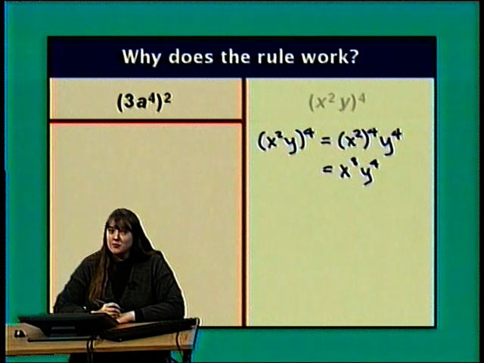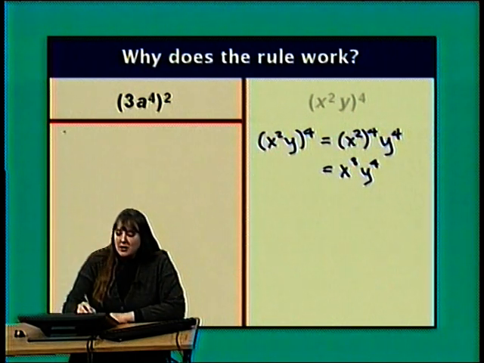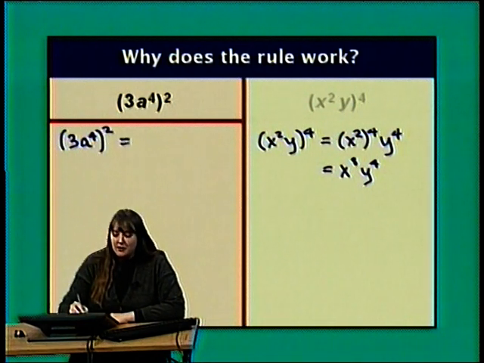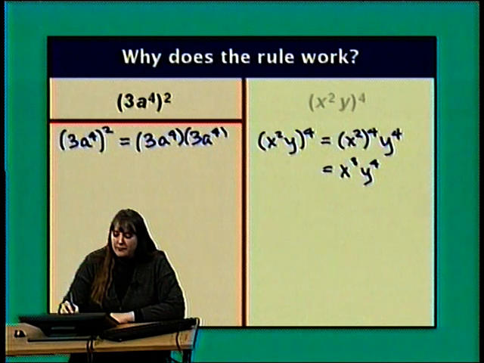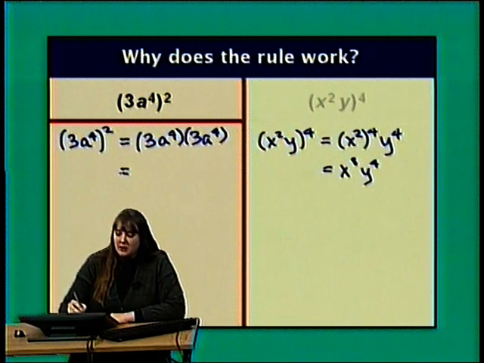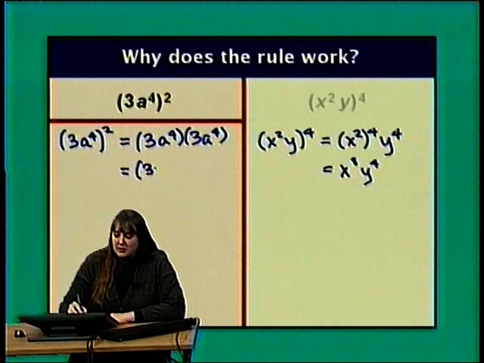Let's think about why this rule works. If I had 3a to the 4th all squared, what does this mean? Well, this means I have 2 factors of 3a to the 4th. So that's 3a to the 4th times 3a to the 4th. And if I use the commutative and associative properties of multiplication, I can write this as 3 times 3 times a to the 4th times a to the 4th.